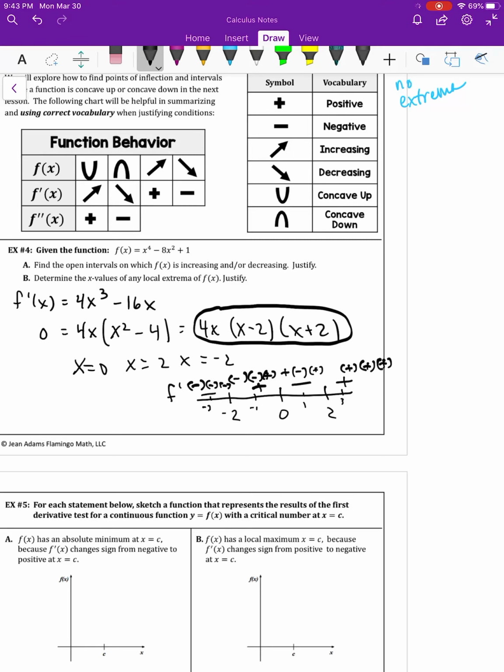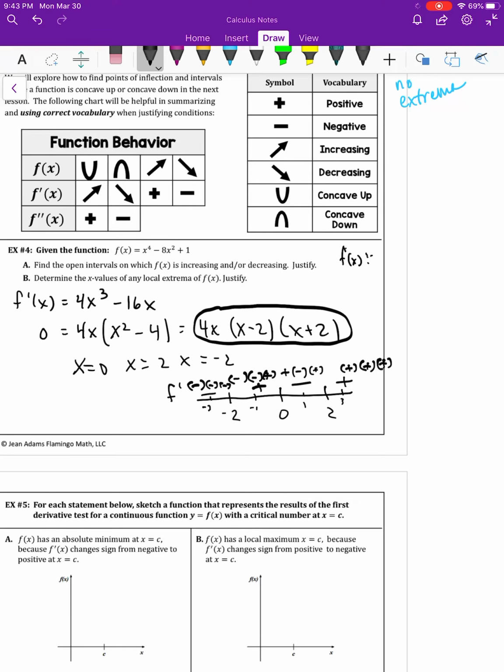So hopefully you can see that. I'm sorry I squished that all together in there, but since these are critical points, that means that from negative infinity to negative 2, your derivative's negative. From negative 2 to 0, your derivative's positive. From 0 to 2, your derivative's negative. And from 2 to infinity, your derivative is positive.